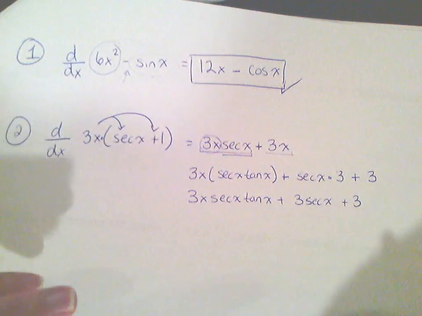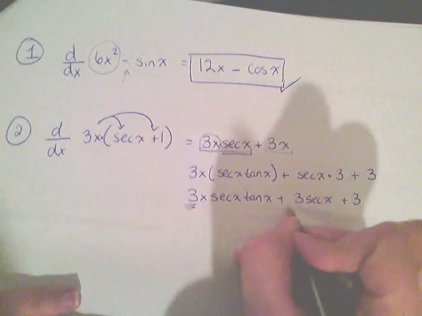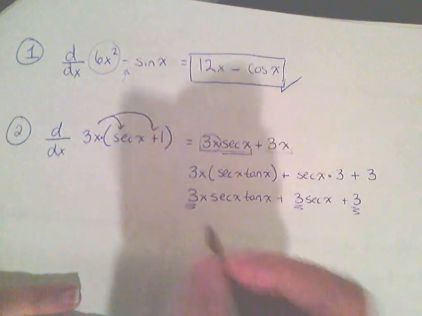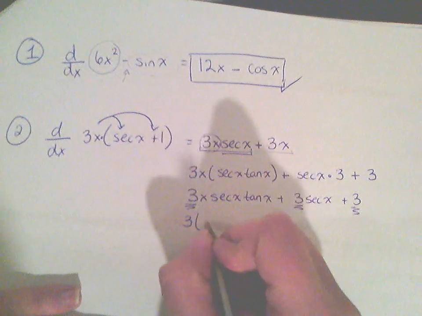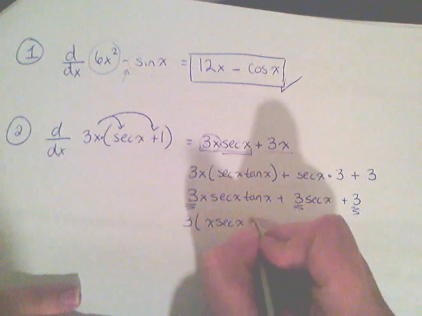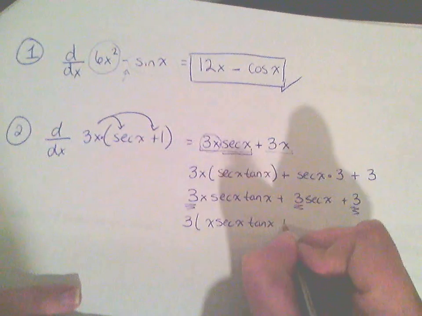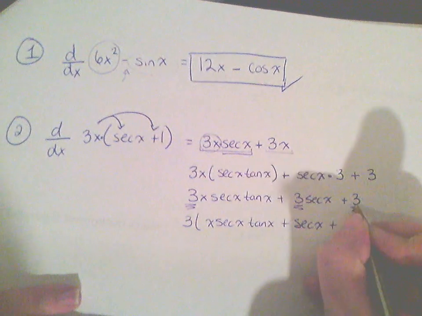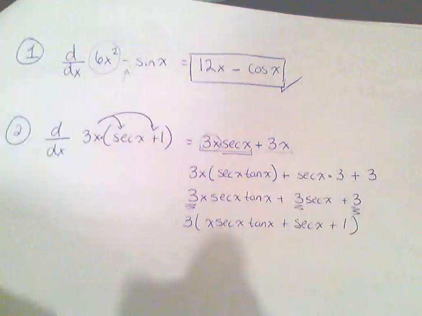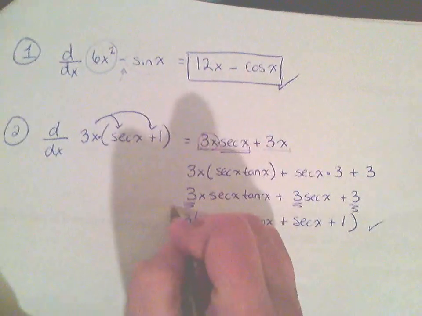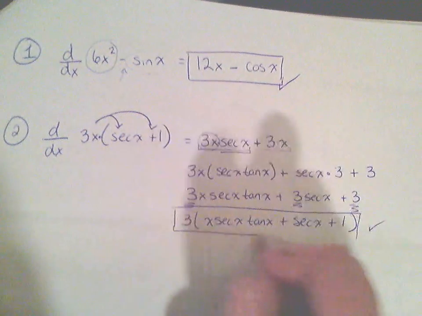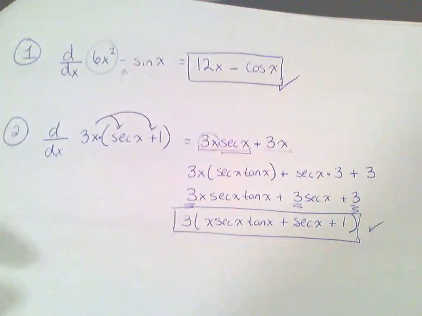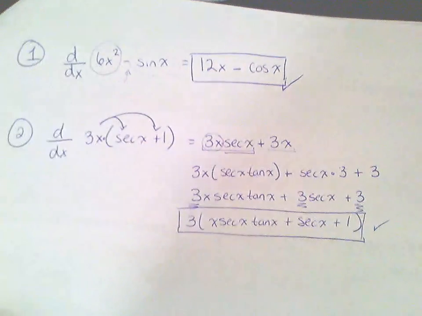You can clean it up a little bit by noticing that there is a 3 in every single term. So we're left with 3 times x secant x tangent x plus, take out the 3, so secant x, plus take out the 3, 1. And that is it. I mean, it's an ugly looking answer, but it's still the answer. That is the derivative of that function.